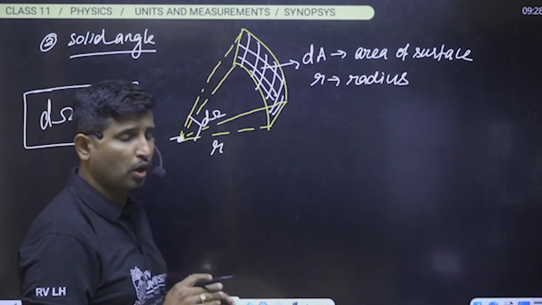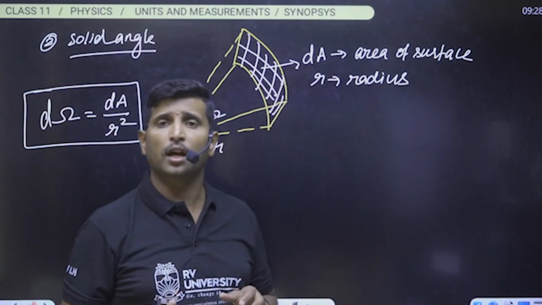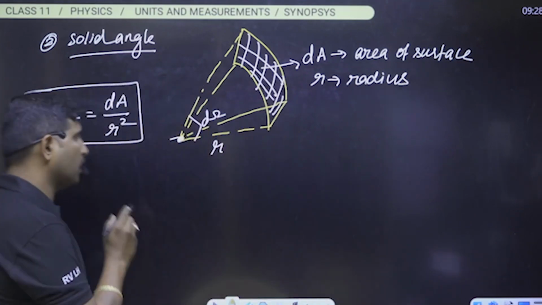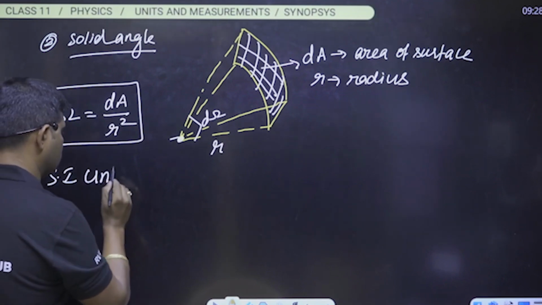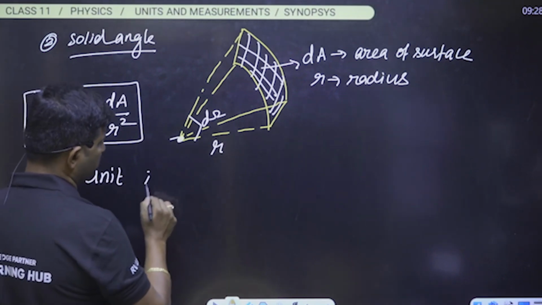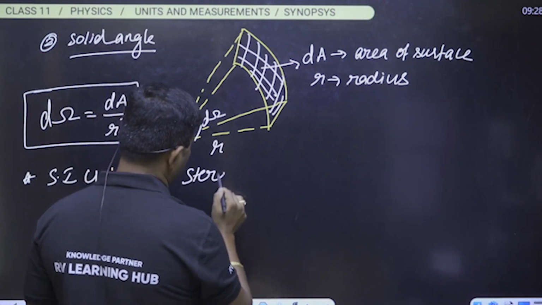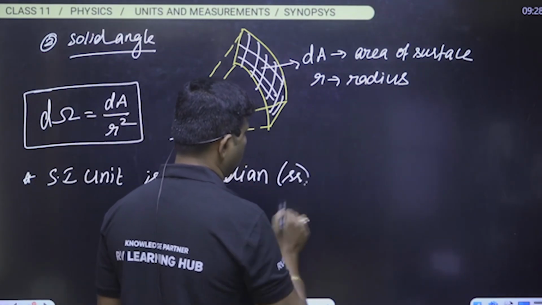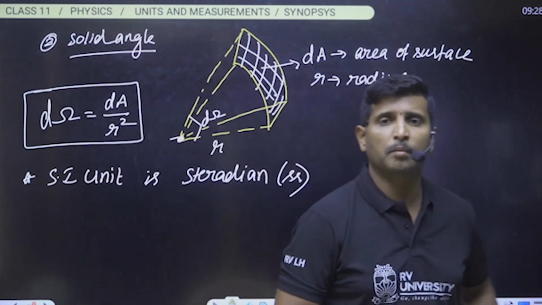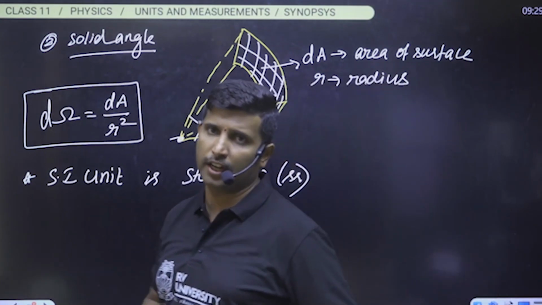That is the ratio of area of the surface to the square of the radius. What is the SI unit here? SI unit is nothing but steradian, denoted by SR. That is the symbol used to represent steradian unit.